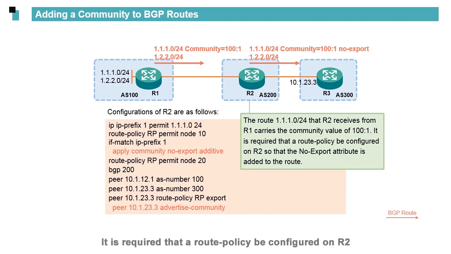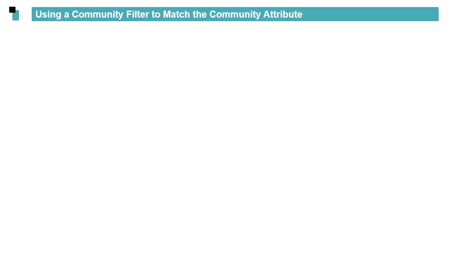It is required that a route policy be configured on R2 so that the no-export attribute is added to the route. Note that the additive parameter must be specified in the apply community no-export command. Otherwise, the no-export attribute will replace the existing community attribute.